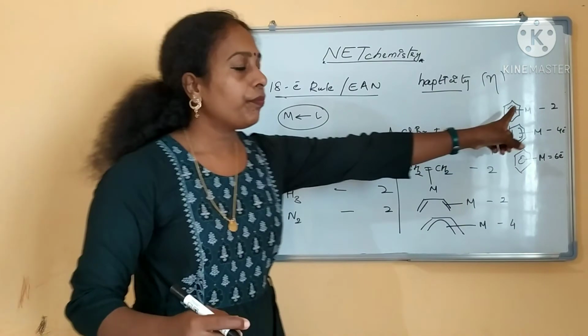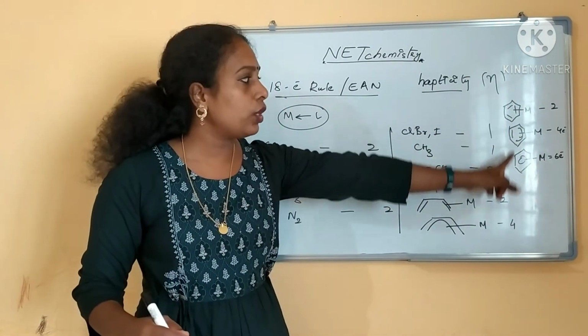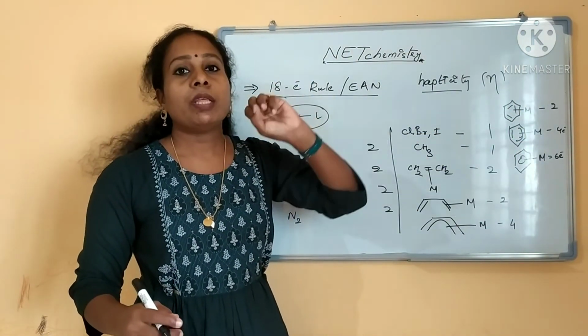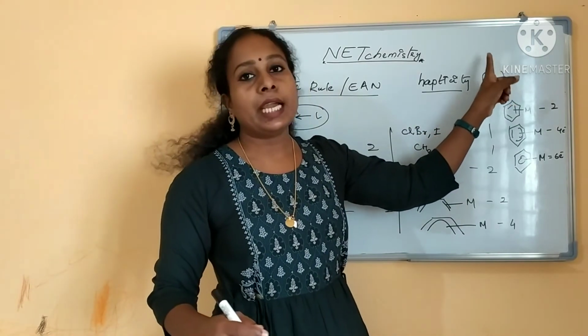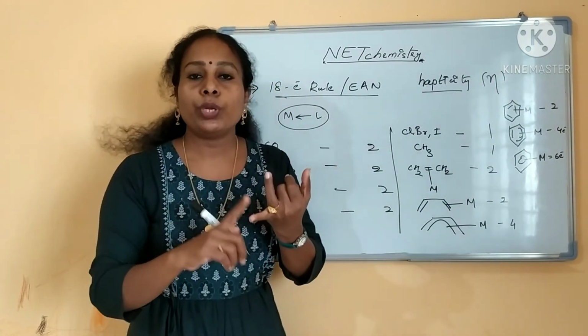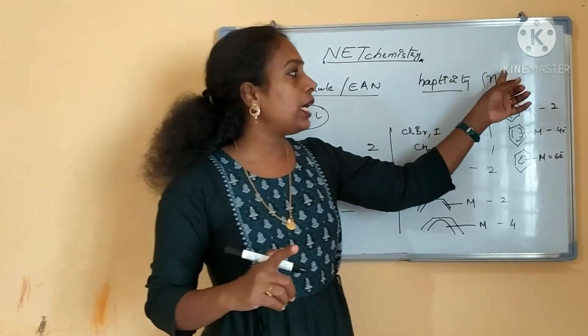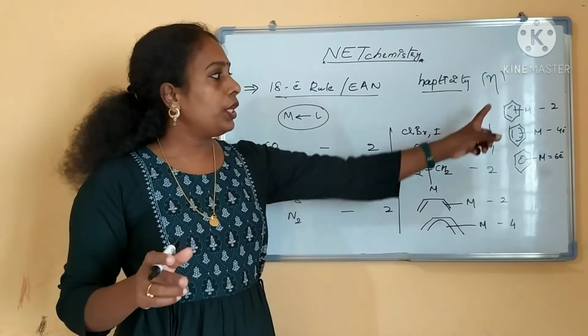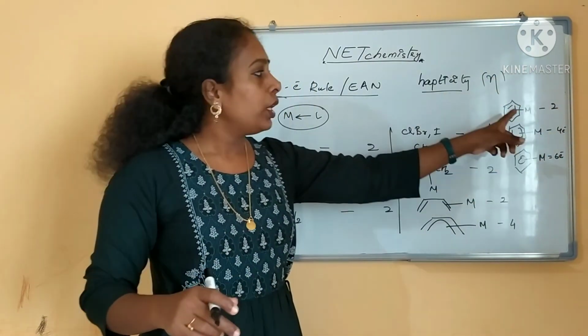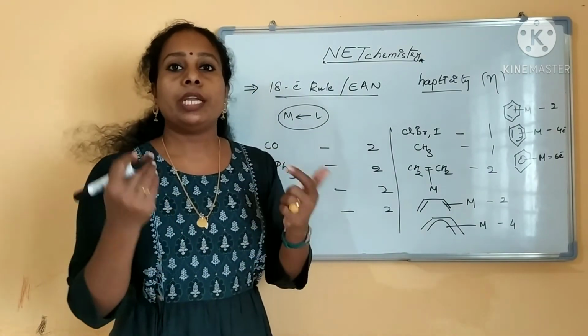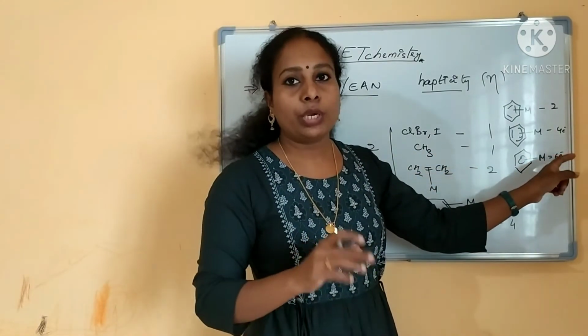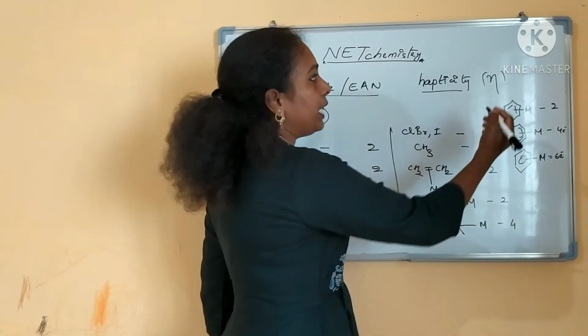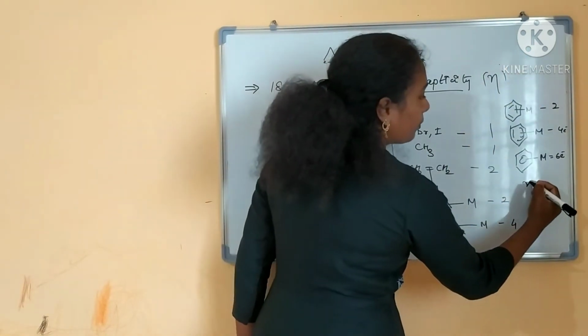This is the way these organic compounds bond with the metal. Eta can be 2, eta 3, eta 4, and based on that you have to take how it has bonded to the metal. If it is benzene, you cannot blindly take 6.